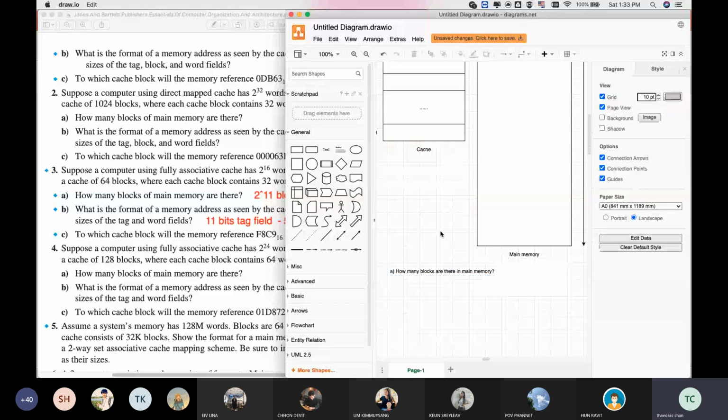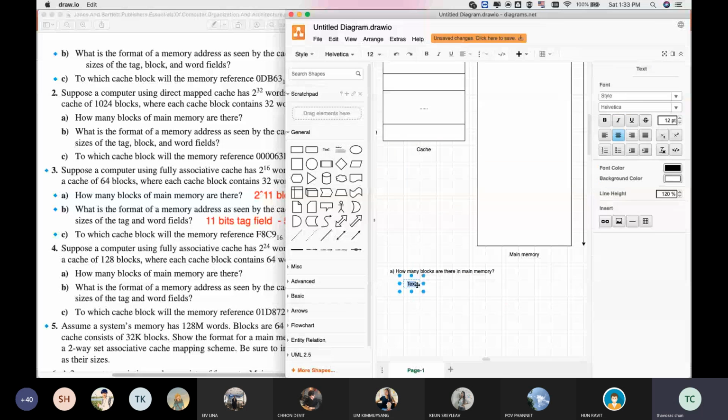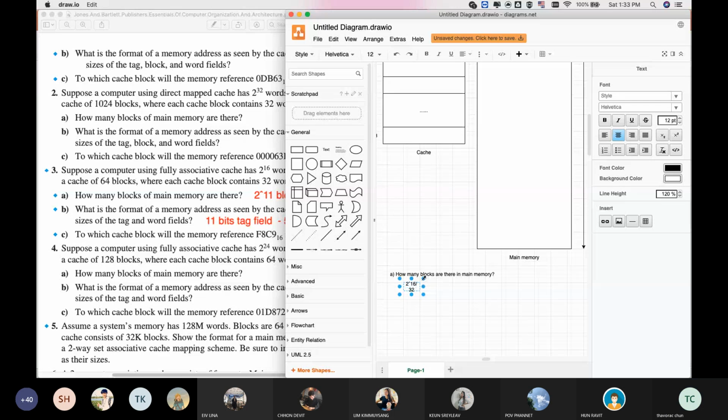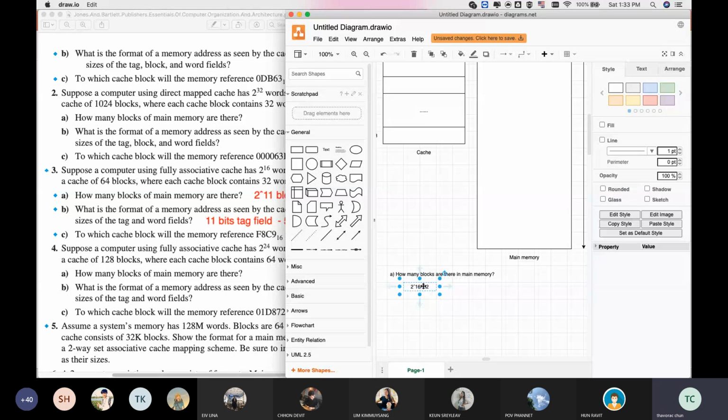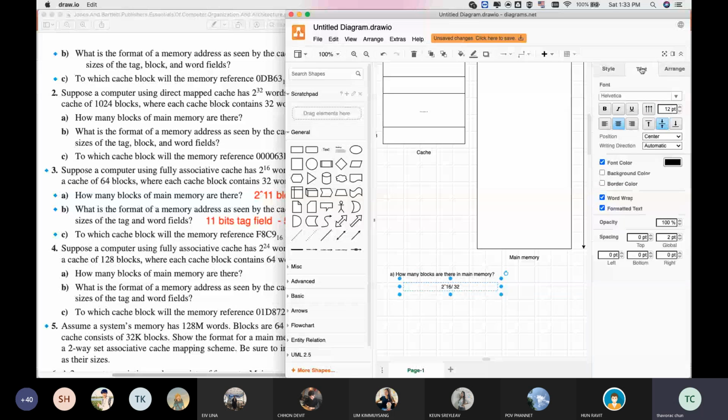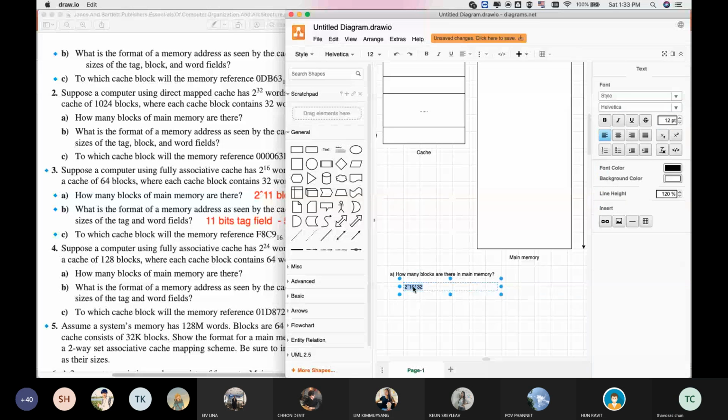Okay, so the answer is we need to take 2 power 16 and divide by 32, right? Because in memory there are 2 power 16 words, and in one block there are 32 words, right?